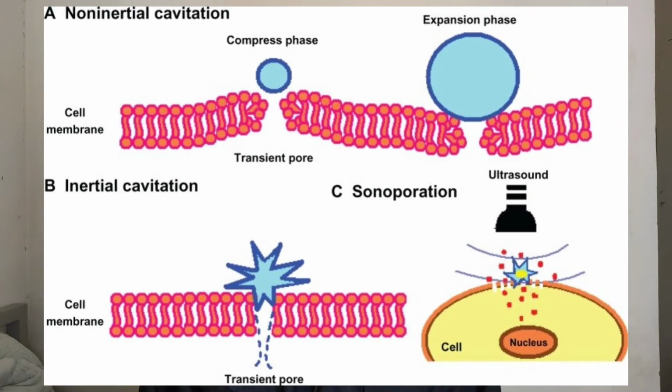flow occur. Cavitation is usually divided into two classes of behavior: inertial or transient cavitation and non-inertial cavitation.